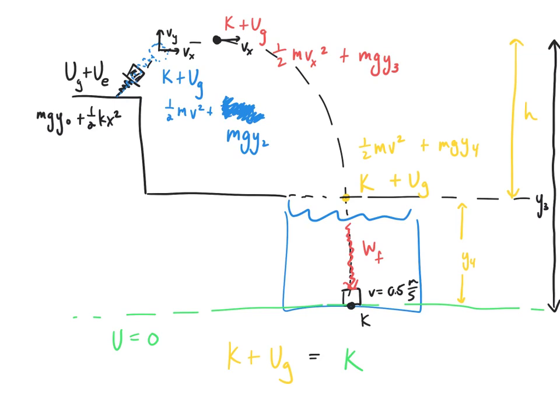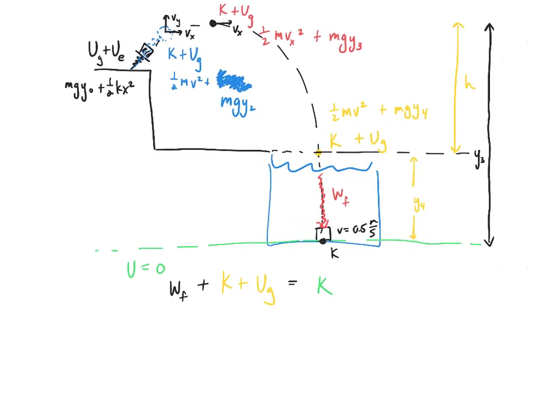Because I think, Chip, you've been asking this question a couple times now. So my recommendation is to recognize and use common sense. If the work done by friction is going to go down as a negative quantity, put it there. But if the work done by friction is going to go down as a positive quantity, then put it over here.